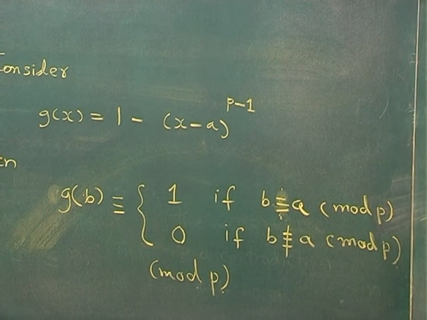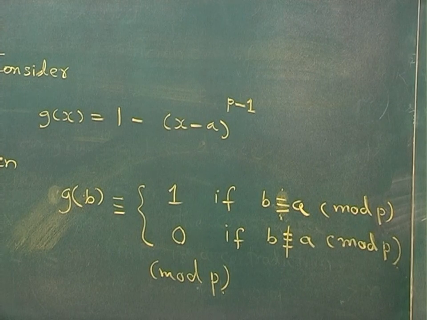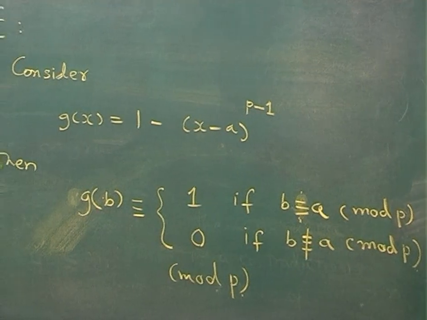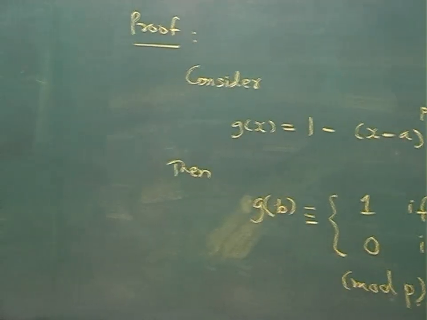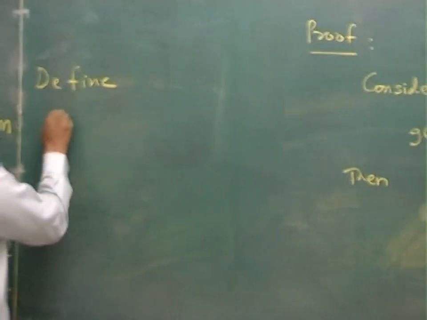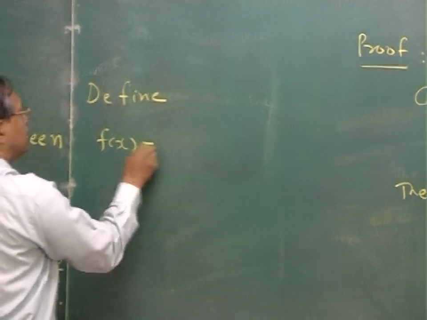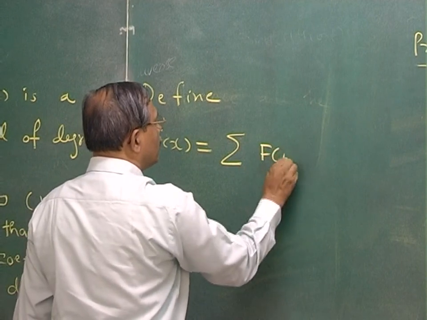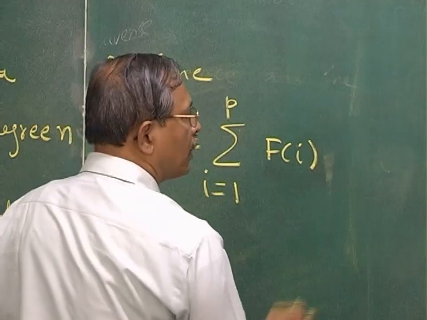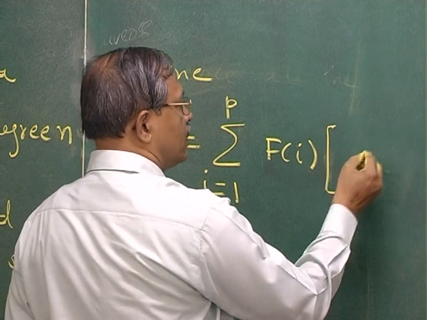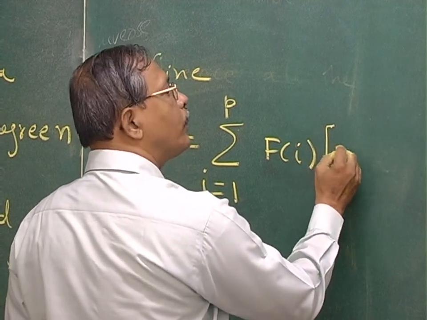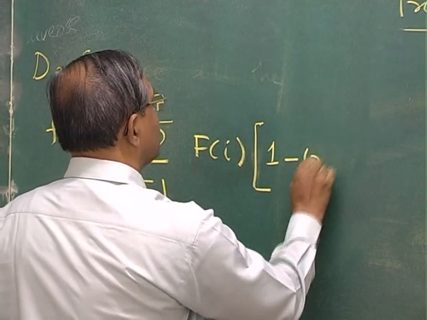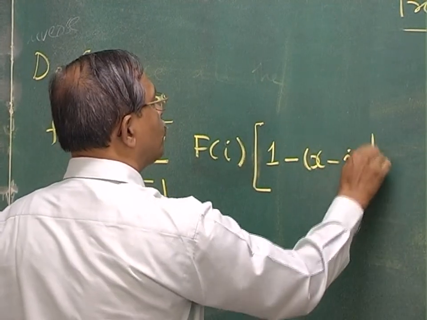Now we define the polynomial like this. Define F(x) equal to summation, but let me write this function: f(i) times 1 minus (x minus i) raised to p minus 1.